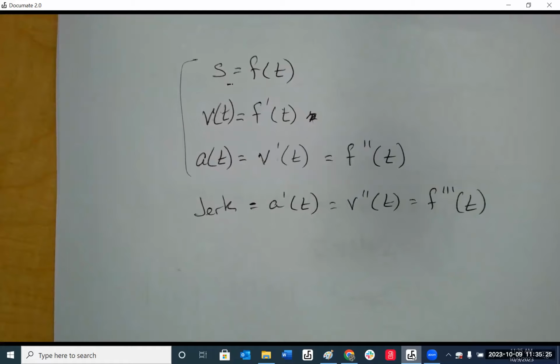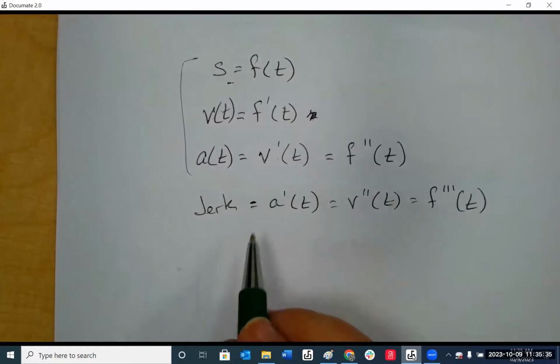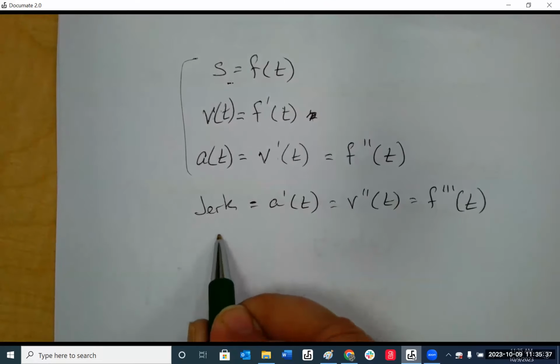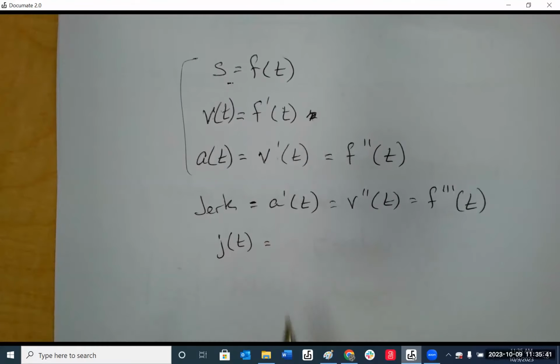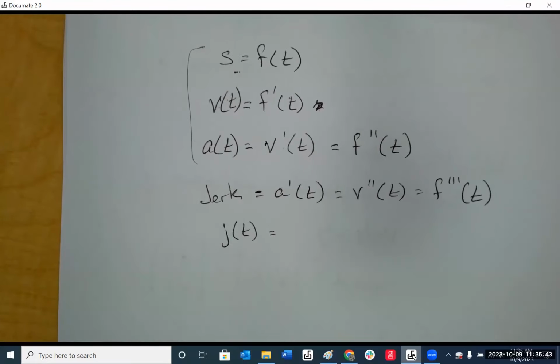And that's what we're looking at there. So since it is a function of t, we use letter J. It equals all that.